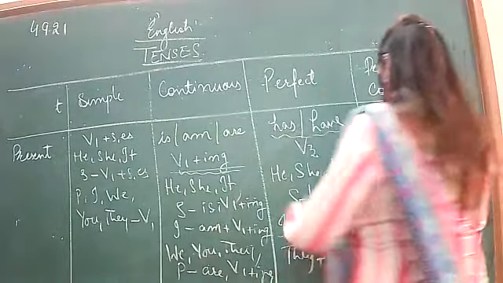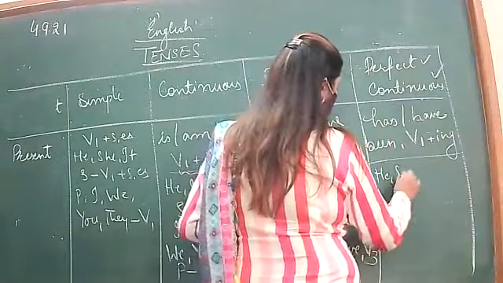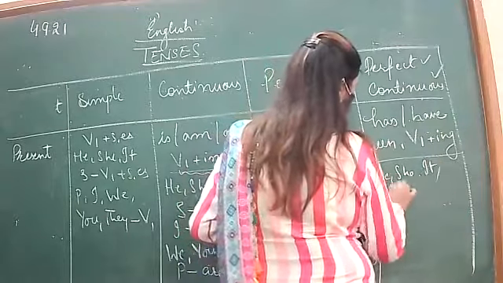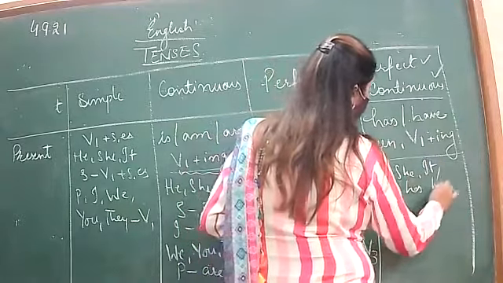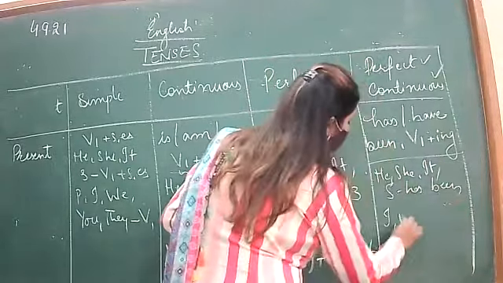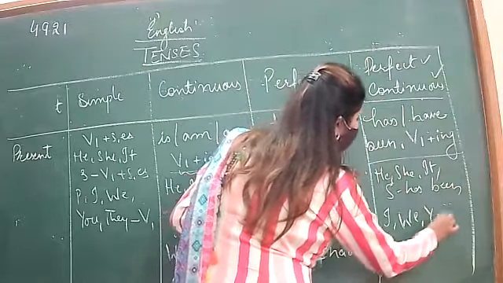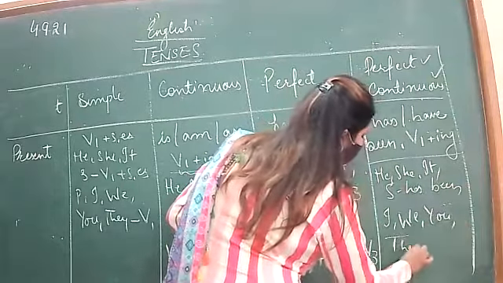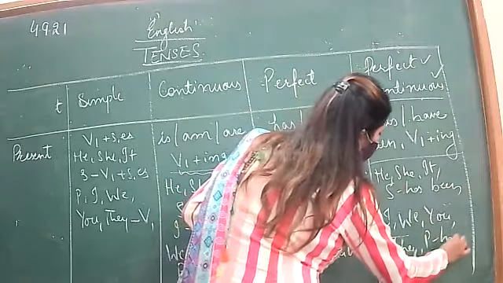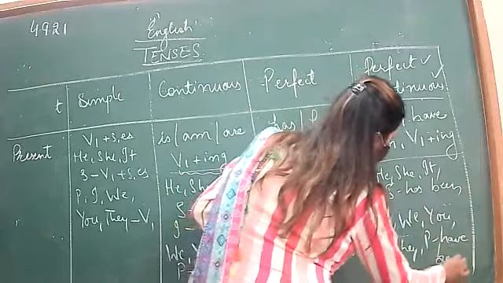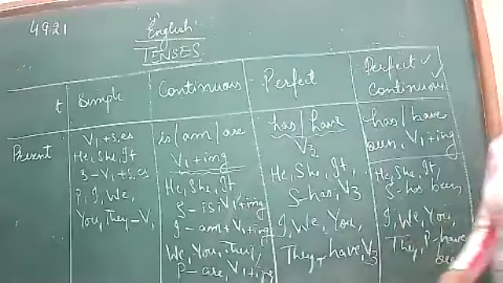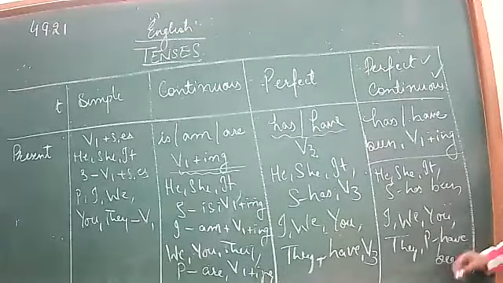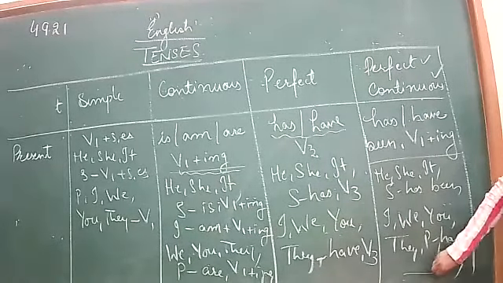You know that with he, she, it, and singular, has been is used, and with I, we, you, they, and plural, have been is used.